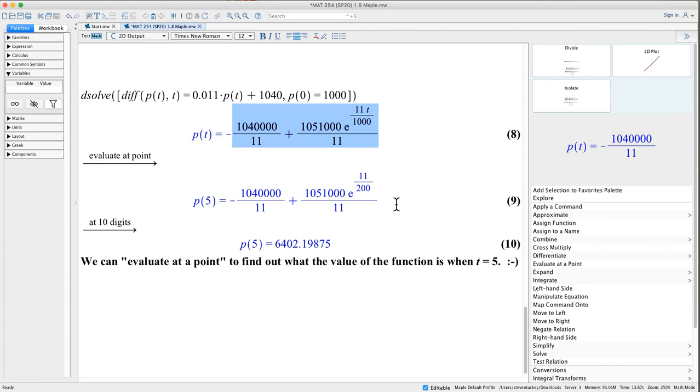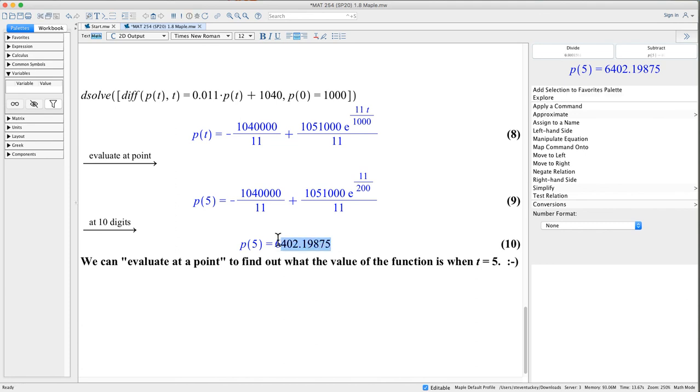And at the end, if I substitute in 5 for t and ask it to evaluate it out to, I don't know, 10 digits, we see that our answer appears. Right? We can evaluate at a particular point to figure out what the value is. And so sure enough, it worked out. And so our solution that we came up with, doing it by hand, is verified with Maple.